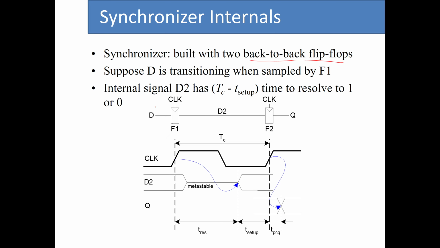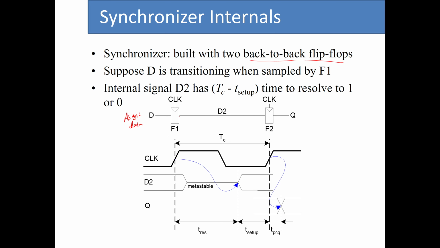So let's just take a look at this design. We have the data input here. So this is the asynchronous data that we want to avoid. This data goes to the first flip-flop.